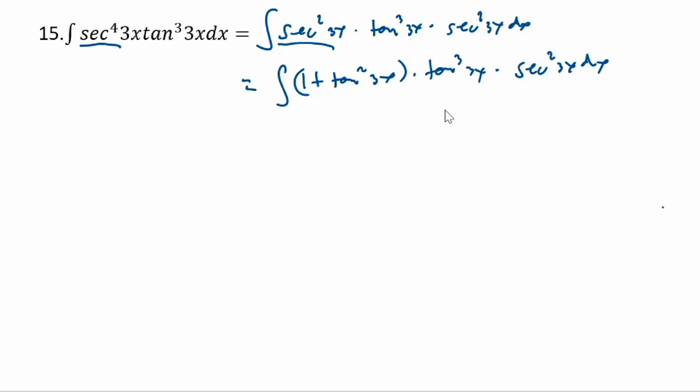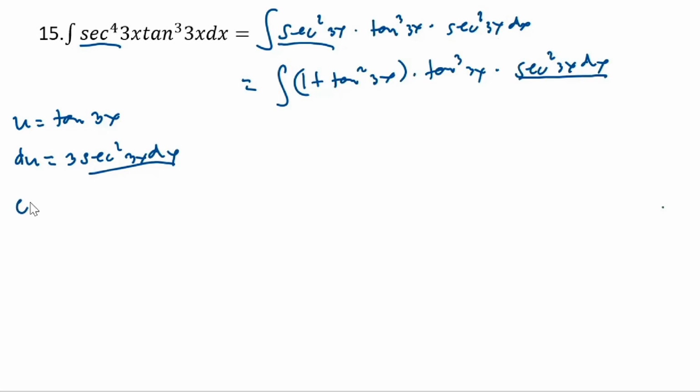So from there, we are going to let u is equal to tangent of 3x. Now, du will give us 3 secant squared of 3x dx. But we can only find the secant squared 3x dx from this given, so therefore, we have the coefficient factor of 1/3.